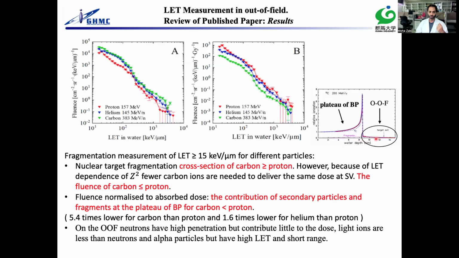And other ions, the number of them is less than neutrons and alpha particles, but they have high LET. However, they are very short in range for these other particles in the out of field.